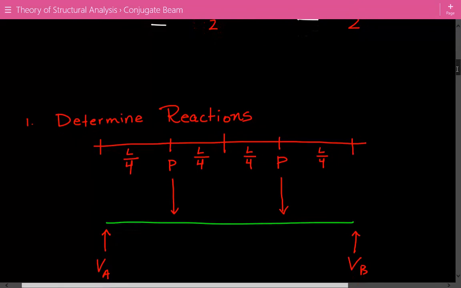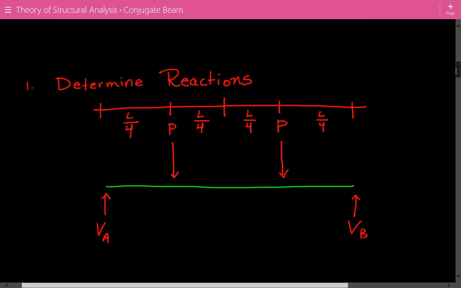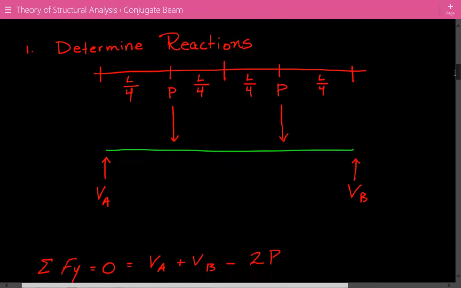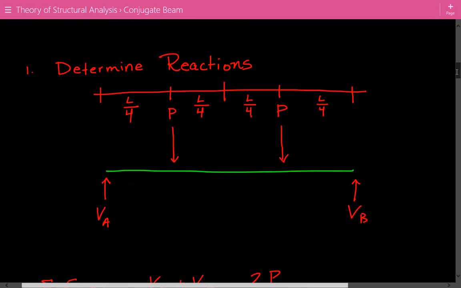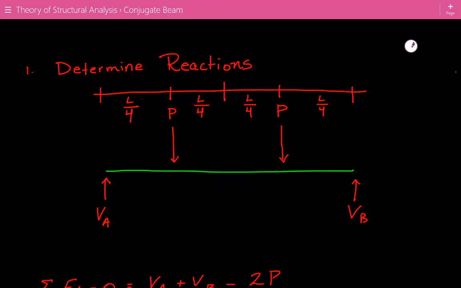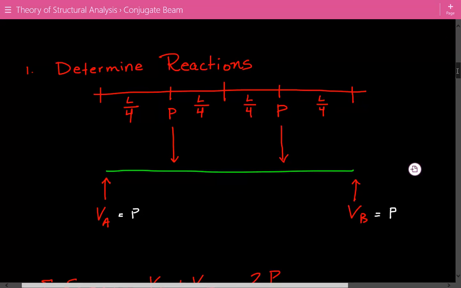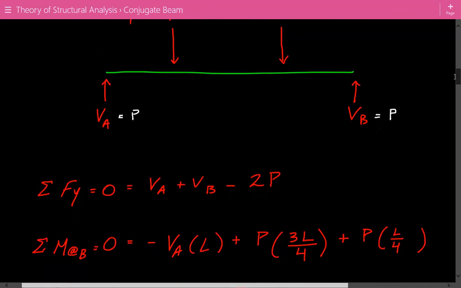The first step is we're going to determine the reactions at A and B at the supports. And it's pretty obvious just by looking at this beam that the reactions at A and B will be equal because this is a symmetrical loading scenario. So it's going to be equal to P, and this is also going to be equal to P. But I still went ahead and went through the statics just so you can see.